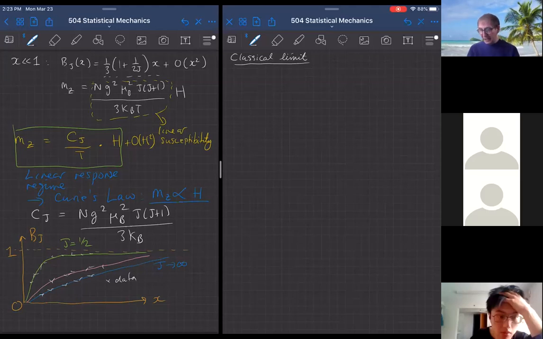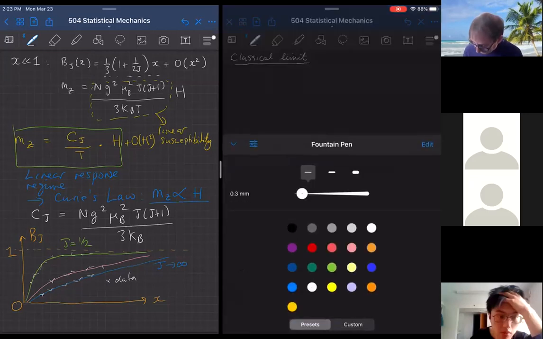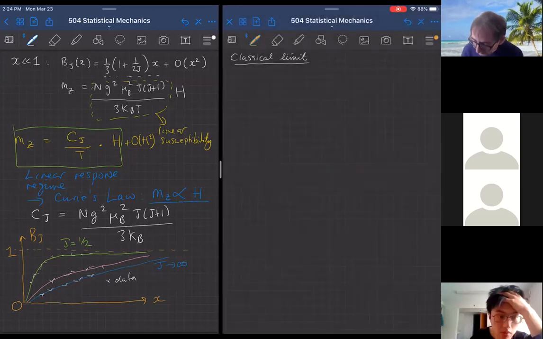Now, the energy level spacing in this case depends upon J. So what's going to happen is if I have space quantization, as they used to call it in the days of atomic physics.